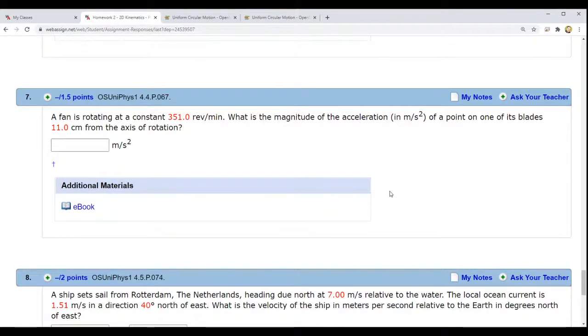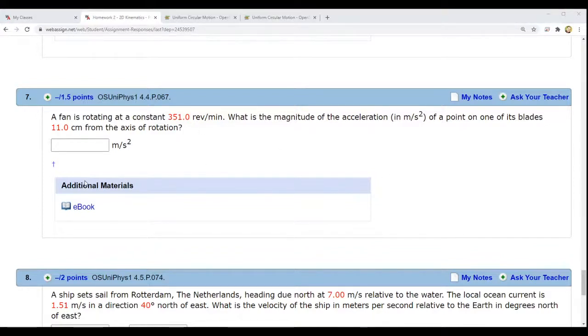Let's do number 7. Seven's the hardest one, I think, mainly because there are some unit conversions here.